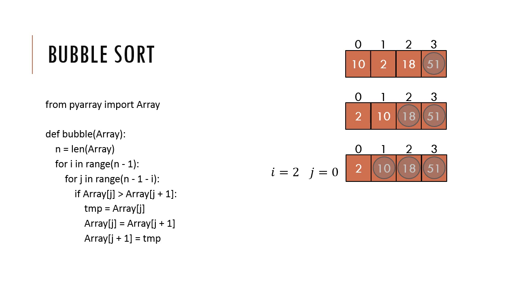Note that in the remaining unsorted array, there is only one element. I told you that a single element is always pre-sorted. So we do not require another pass to say that the array is sorted.